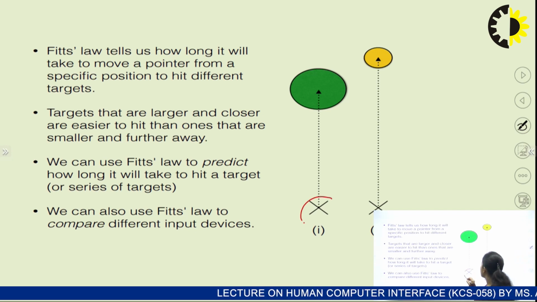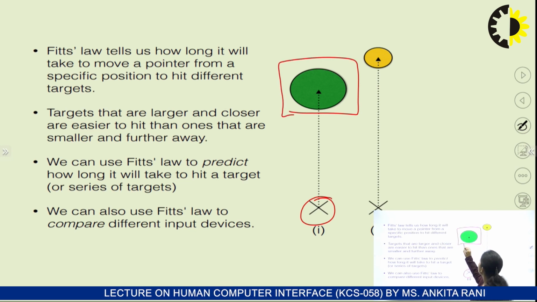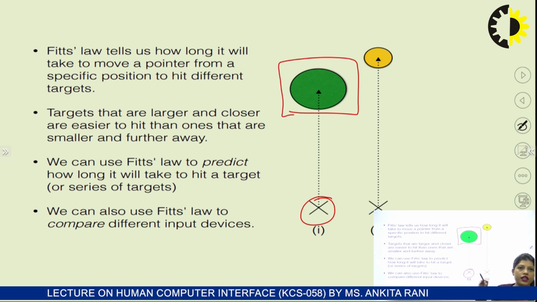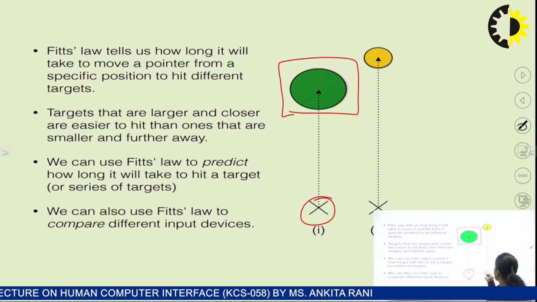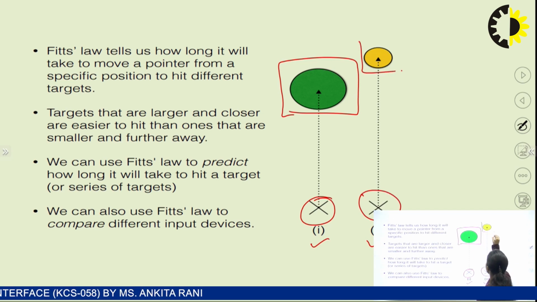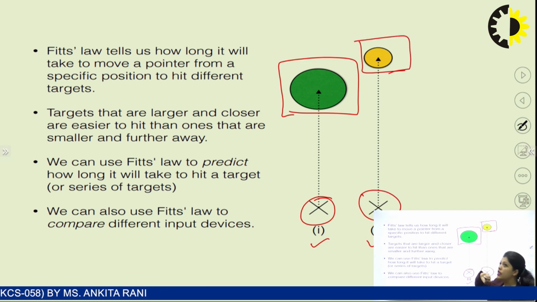Suppose this is a cursor and this is our object. In this one, the object size is big, and similarly in the second image, this is our cursor and this is the object, but the object size is small.